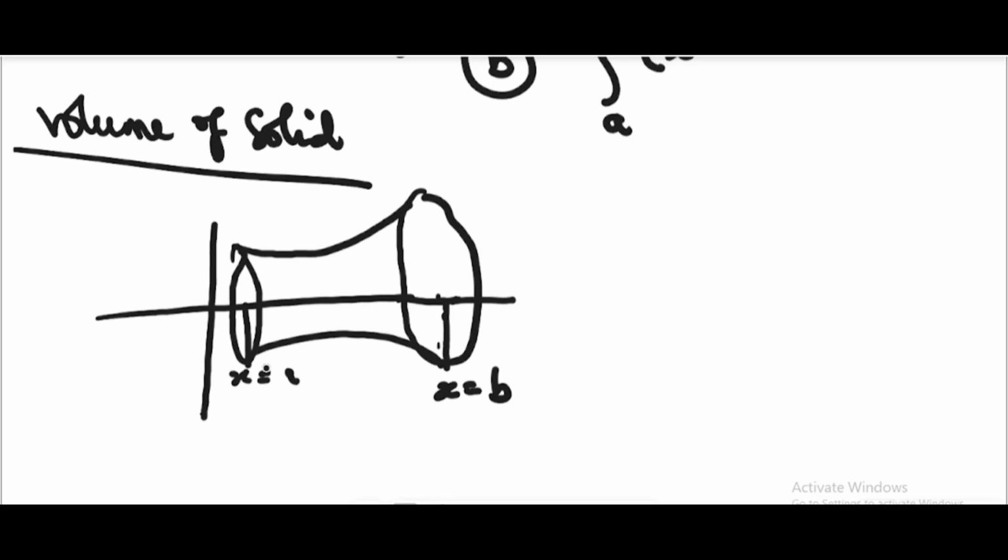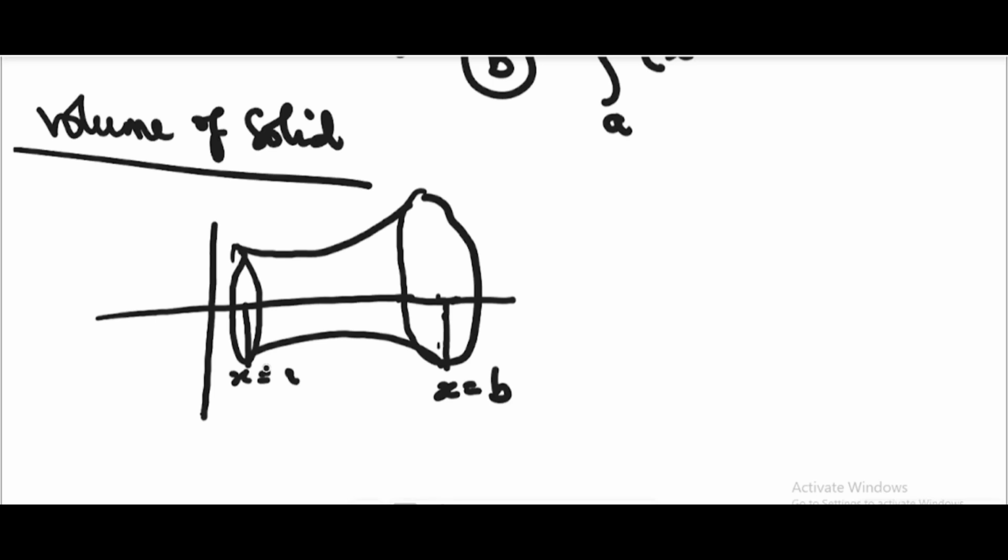If I rotate the same region on the y-axis, I'll have something that looks like a bowl, with the volume being the integral, our limits being a to b, of pi x squared dy.